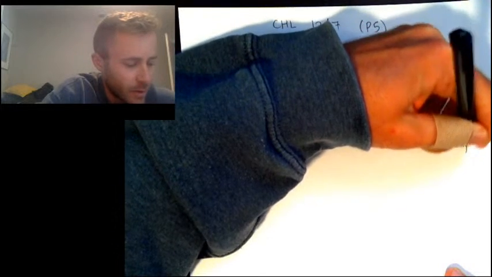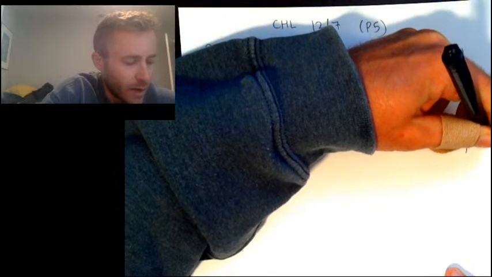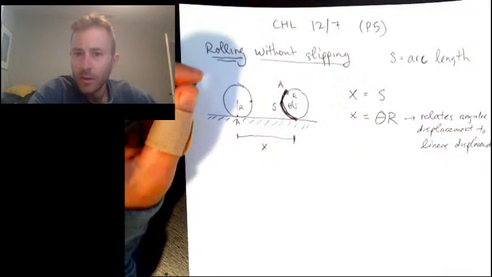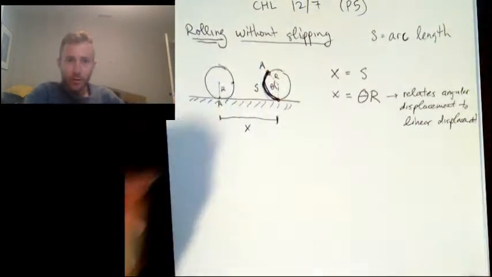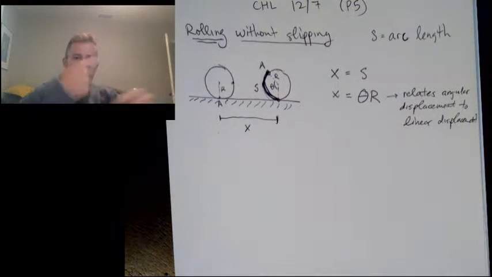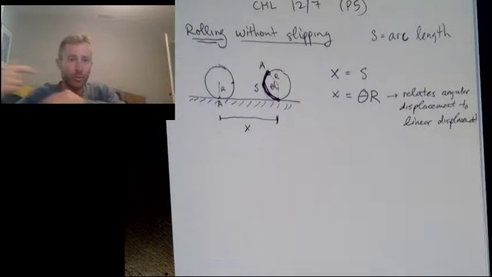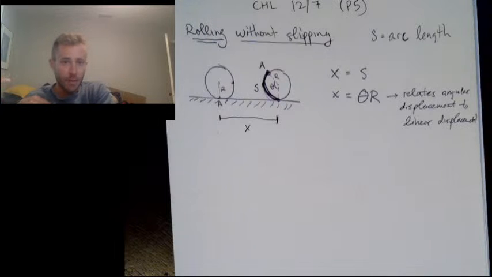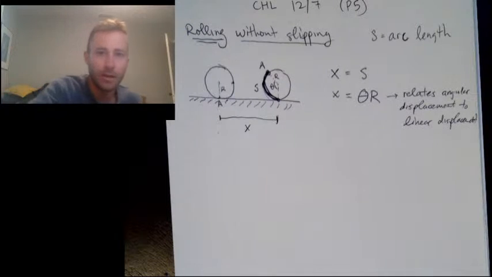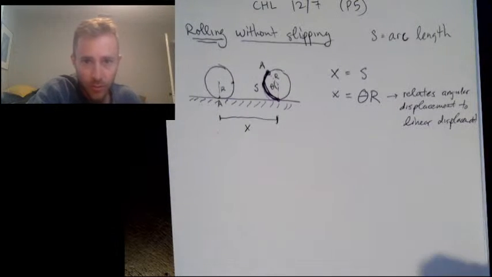So that only happens when you're rolling without slipping. If you're slipping, then the spinning of the wheel is not related to the amount that the wheel is traveling forward. But if you're rolling without slipping, then there is this relationship.